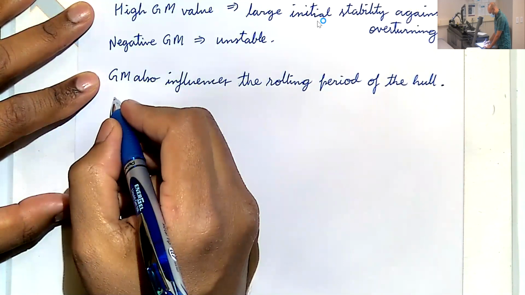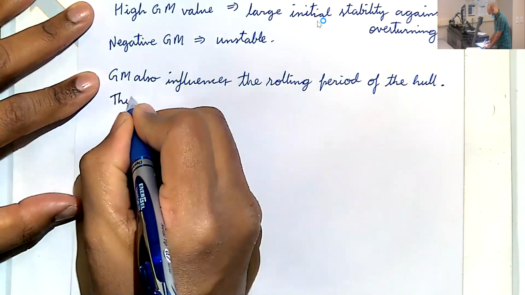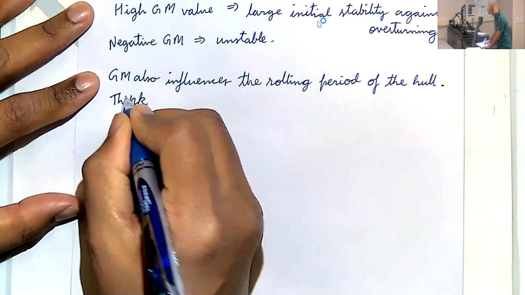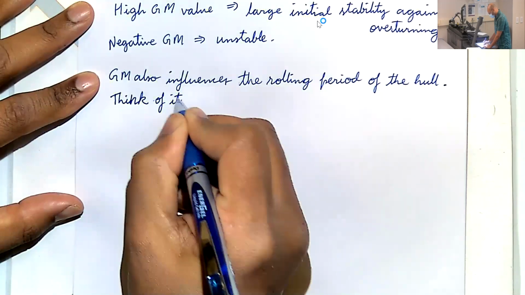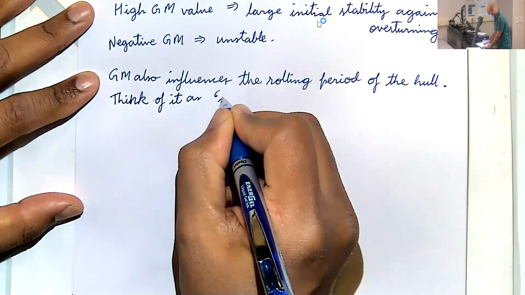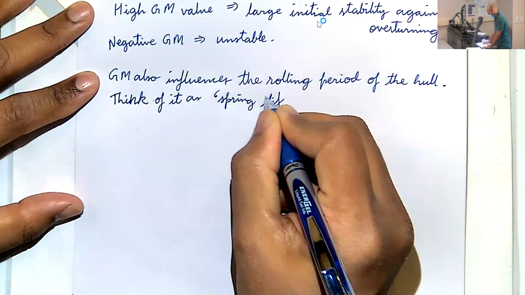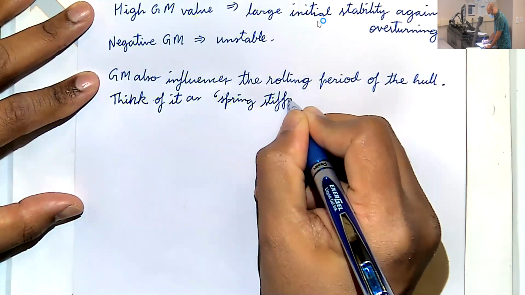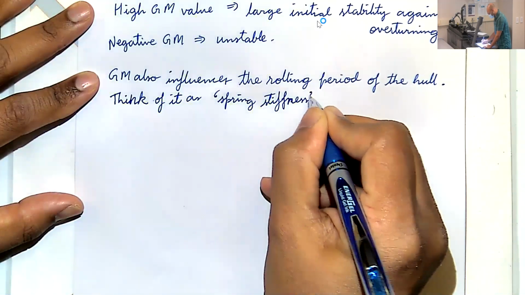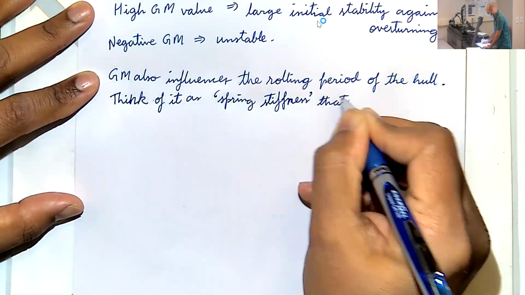You can almost think of it as, this is just a very crude analogy, spring stiffness that opposes rolling.